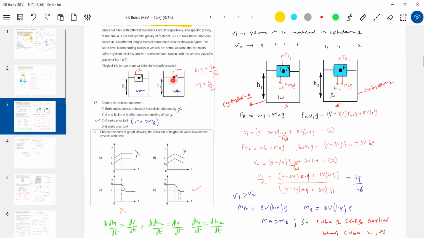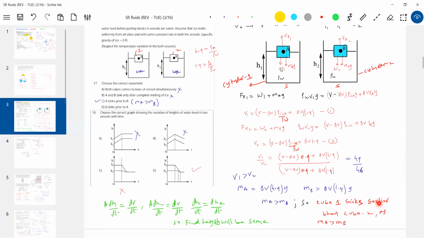Yes, some amount of ice and material B will be present. When the weight of material A becomes greater than the weight of ice, definitely it will start sinking. So the material A has to sink first. Therefore, as MA is greater than MB, cylinder 1 sinks earlier than cylinder 2. A sinks prior to B.